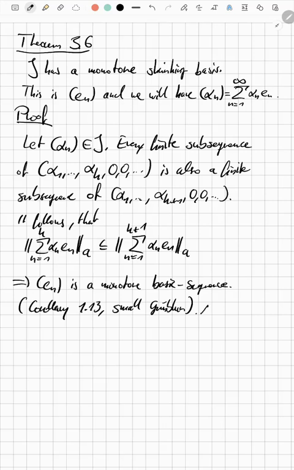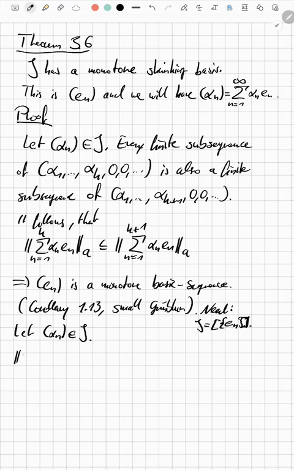Now, what do we need? We now need that J is spanned in its entirety by these e_n's. That's what we want. So then e_n is also a basis. So let alpha_n be in J. What do we want to show?